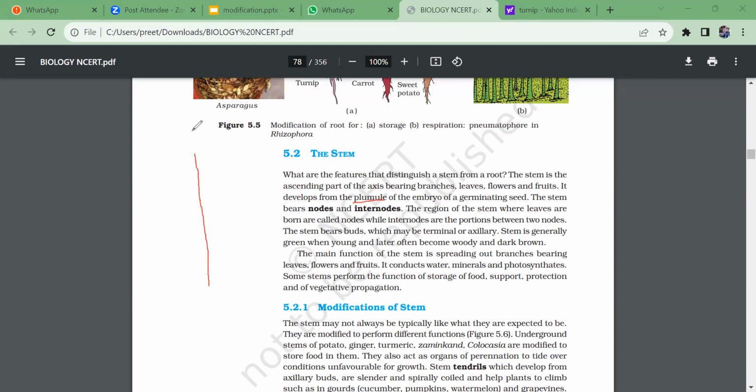In the stem, if this is a stem, you will always see structures like this. And we call these structures nodes. Between two nodes, this is one node and this is another, the space between the two nodes is known as internodes.